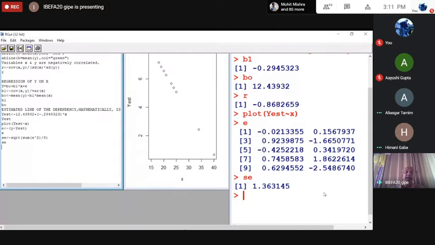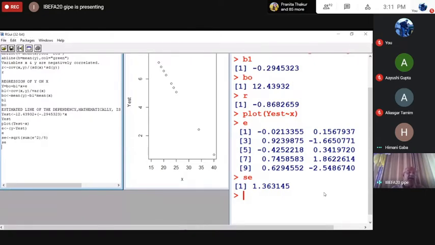I have fitted the straight line on a different graph. X and y will not have the straight line, because that is real data.